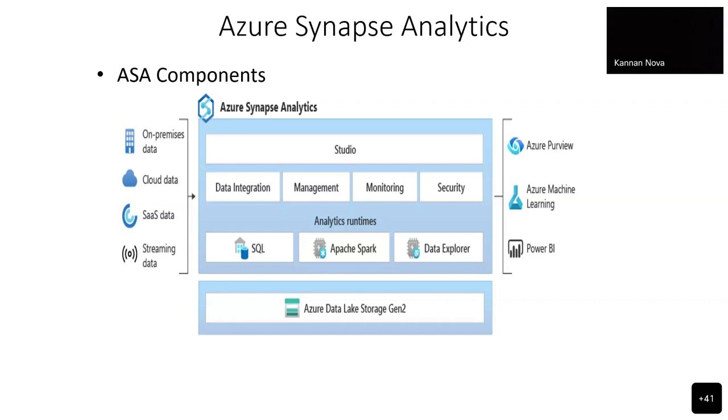Okay, and they have runtime. Anything you want to run, like a notebook or SQL query, we need some computing machine. That is the runtime we need. So they have a runtime for SQL Server. We can have a dedicated pool as well as a serverless pool.